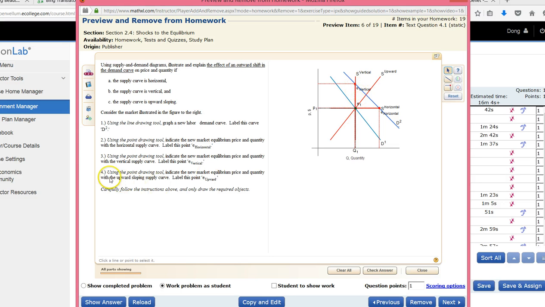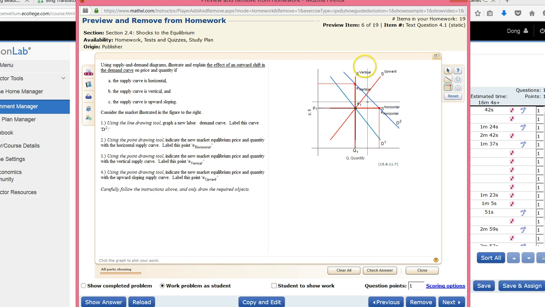So finally, we have part 4, using the point drawing tool to indicate the new market equilibrium price and quantity with the upward sloping supply curve. Label this point E upward. Similarly, this is the supply curve with the upward slope, and this doesn't change. And this is the new demand curve.